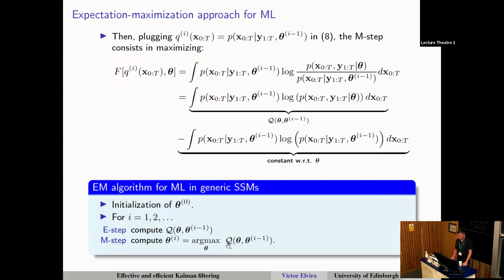Let me tell you that this function is not necessarily convex. In the example before, it was convex. In other examples, it might not be convex, or it might still be convex but complicated, not straightforward.